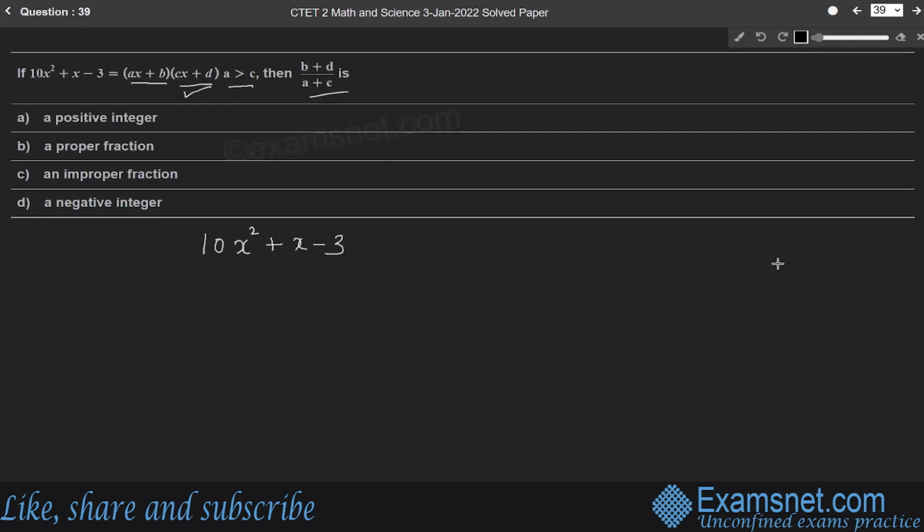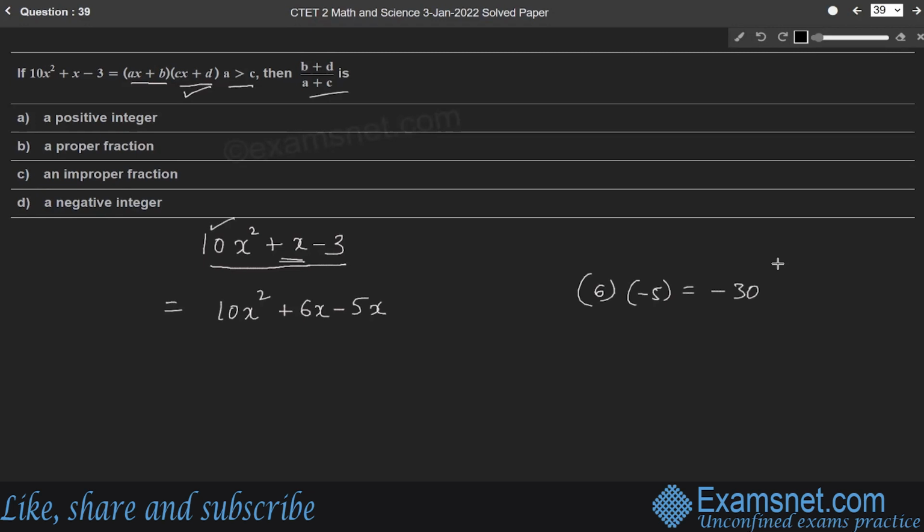So here, what is the value of a, b, c and d? For that, let us find the factors of 10x square plus x minus 3 by splitting the middle term. 10x square plus x can be written as plus 6x minus 5x. So 6 into minus 5 becomes minus 30.